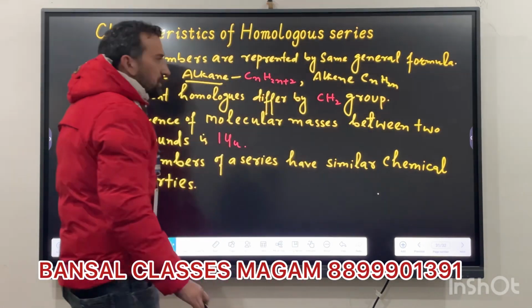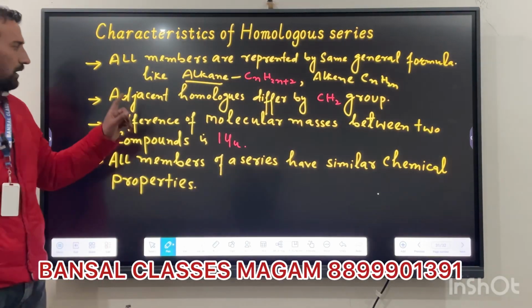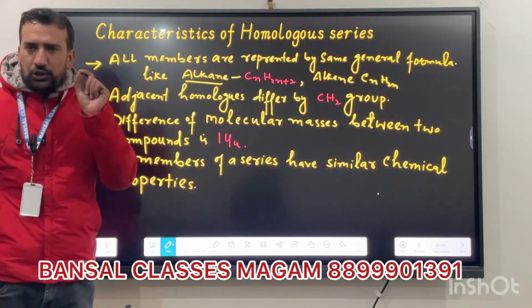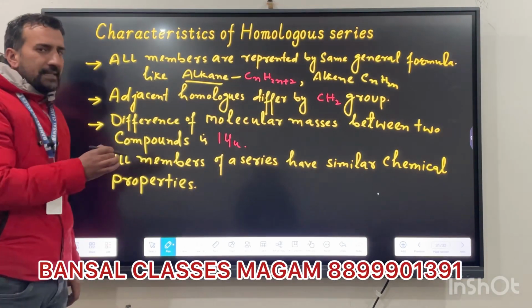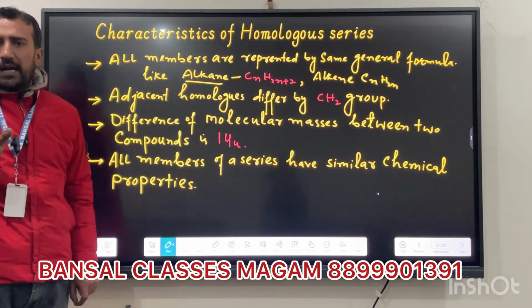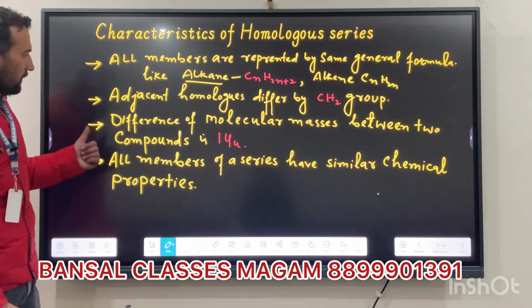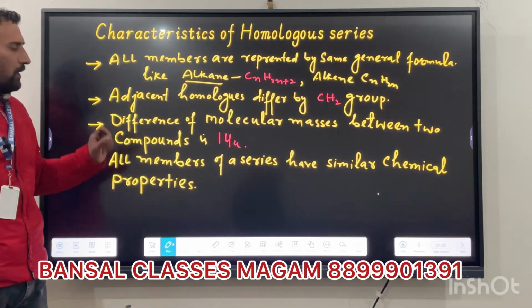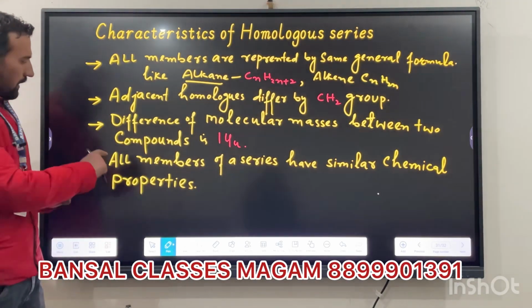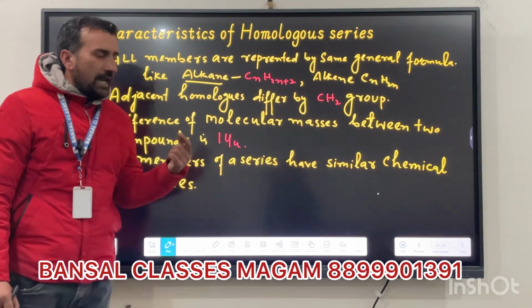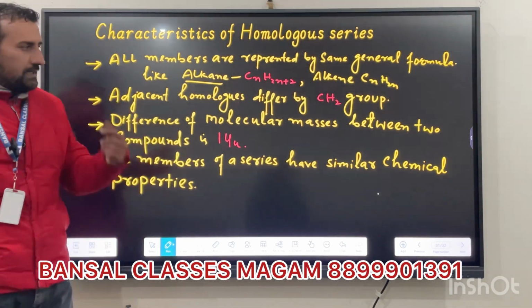Adjacent homologues differ by a CH2 group, that means there is a difference of 1 carbon and 2 hydrogen atoms between two adjacent homologues. The third characteristic is a difference of molecular masses between two compounds of 14 units. And the fourth characteristic is all members of a series have similar chemical properties.